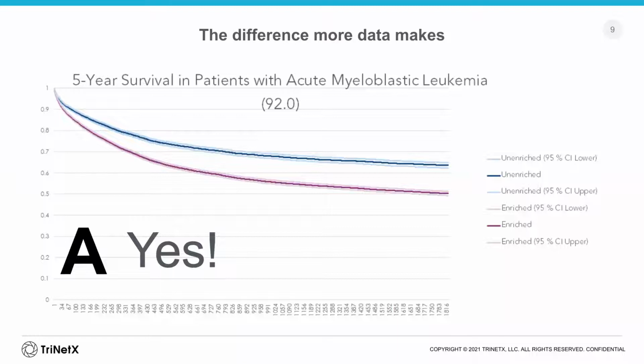You'll see the purplish red line there: having additional mortality data across that follow-up brings the purple line lower on the graph, meaning that patients, when we are able to link their data, have a lower overall survival over time than patients with unlinked data. That's due to the fact that we now have more information on these AML patients and can describe a more accurate trend in mortality over the course of follow-up.